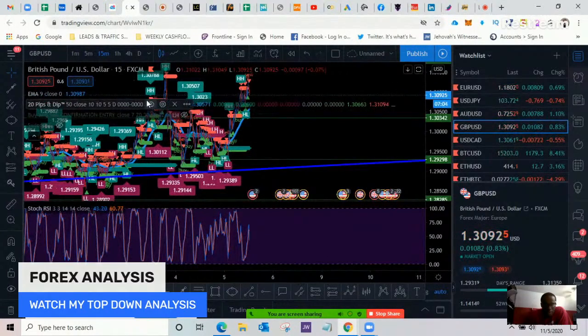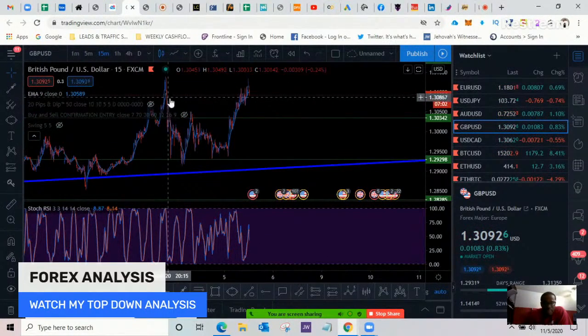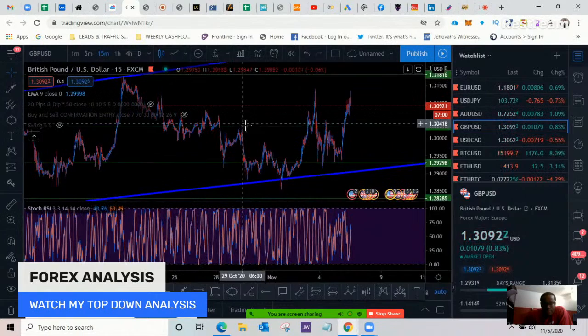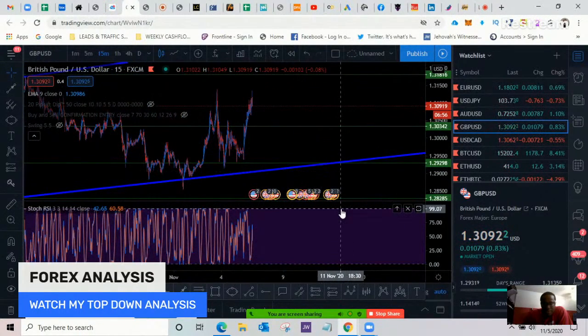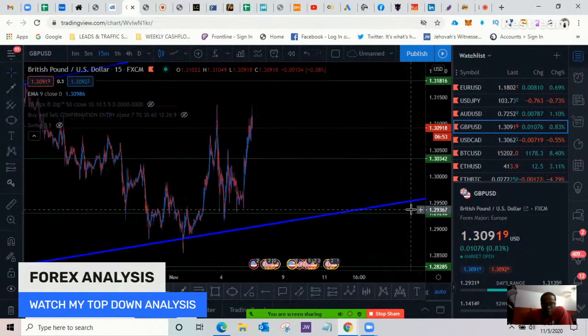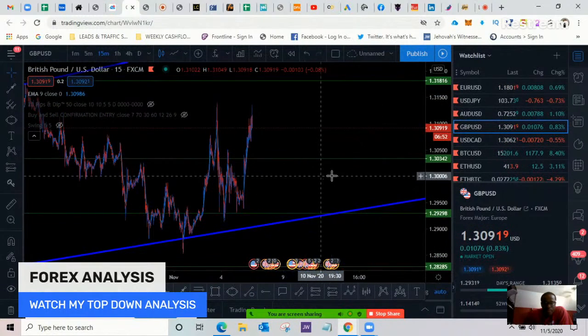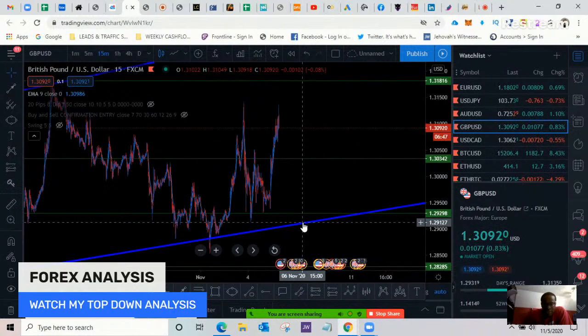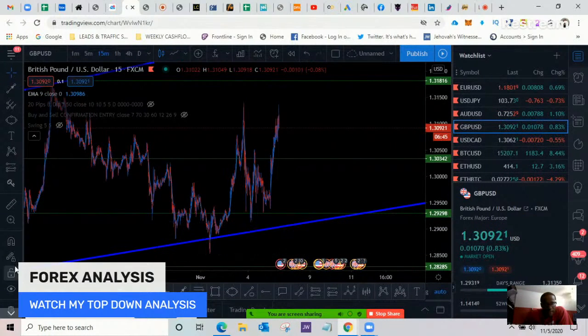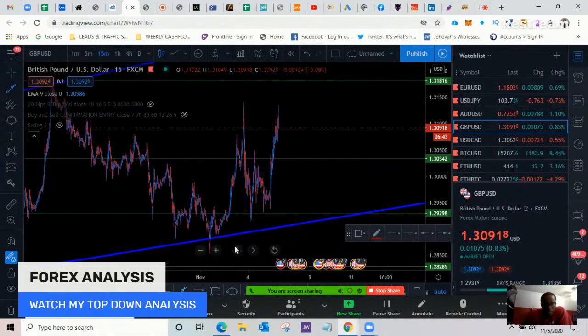So I'm going to turn off the 20 pip and dip indicator real quick. So ultimately, if you want to see price break this line and retest it going into a downtrend, then what I would do is I'm going to actually align here. So let me draw this arrow.